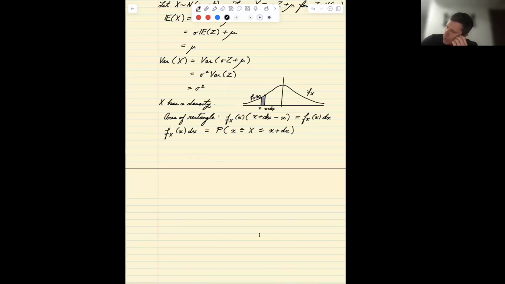So we don't know anything about how to do this directly, except through how we transform this random variable x to get a standard normal, standard Gaussian. So we subtract off mu and we divide by sigma. Whatever we do to one side, we have to do to the other. Sigma is positive, so we can do that.